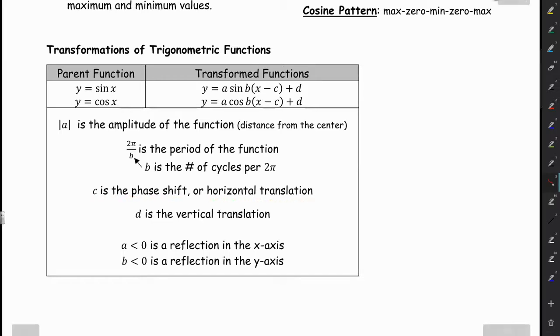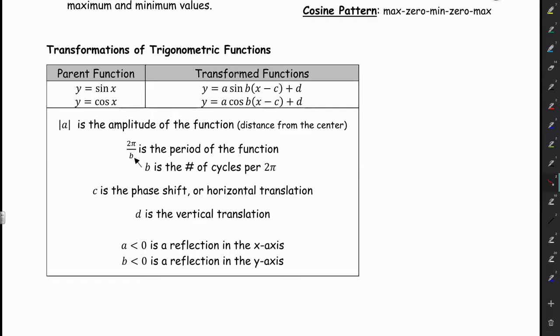If we had, for example, x minus 2, that would mean we're moving the whole function right 2. If we had x plus 2, that would mean that we're moving the whole function left 2. D is our vertical translation. That's going up and down. So if D was positive 3, that means the whole function would move up 3.